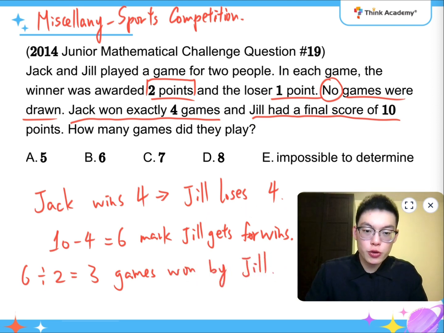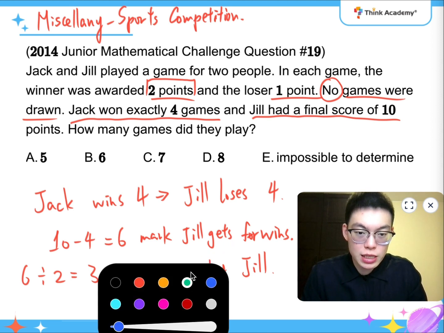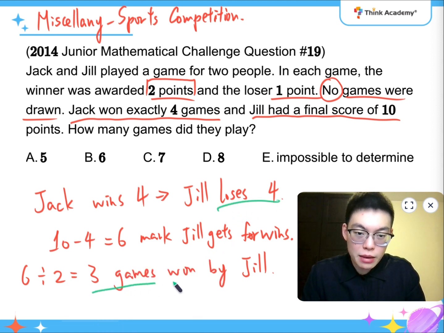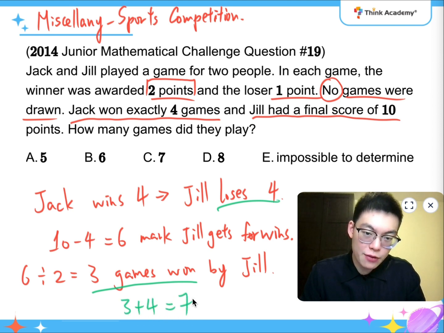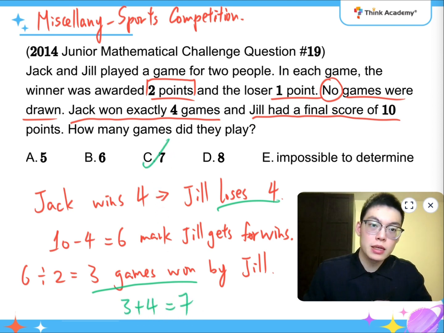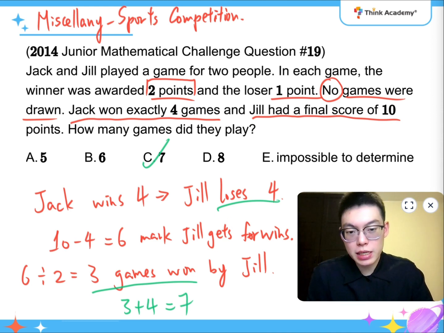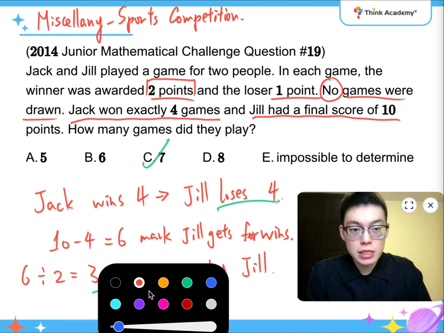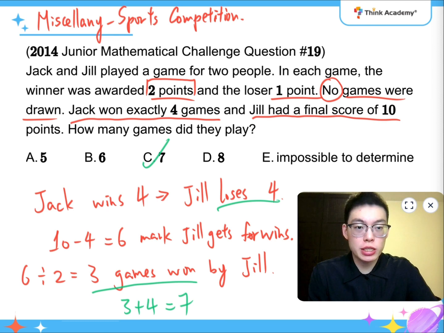Now Jill is losing 4 games and Jill is winning 3 games, which means that altogether there should be 7 games, right? So the answer is going to be 7. So that's how we can complete question number 19.